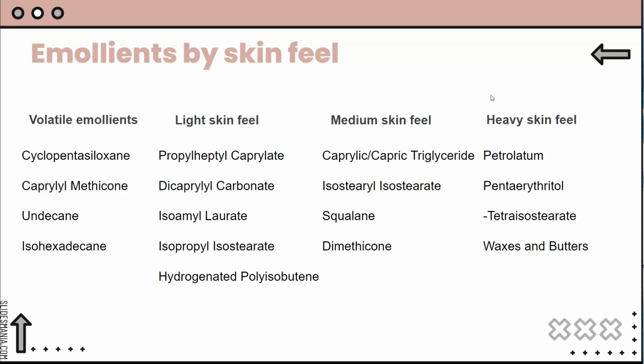You can also use light skin feel emollients like propylheptyl caprylate, dicapryl carbonate, isoamyl laurate, isopropyl isostearate, hydrogenated polyisobutene. These emollients have very good skin feel, and they spread really fast, and they give your emulsion a very silky feel as well.